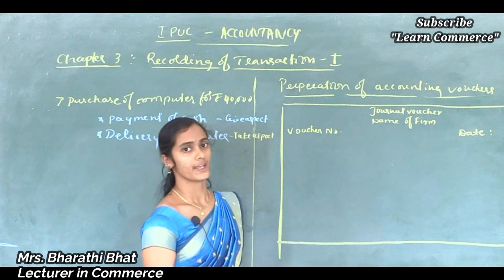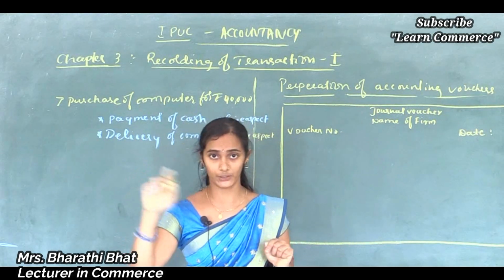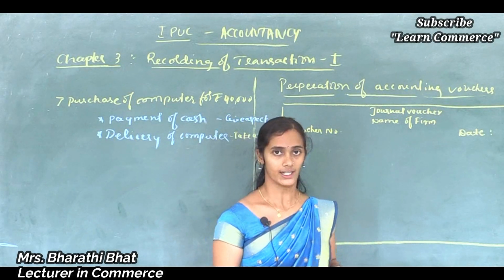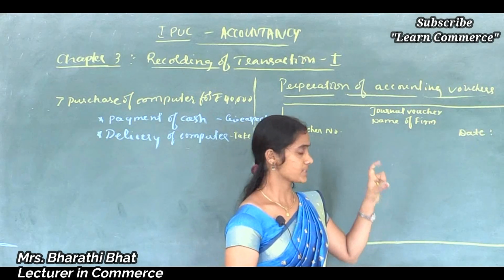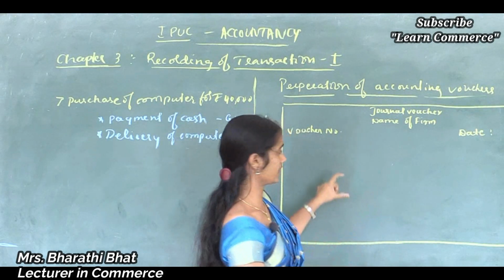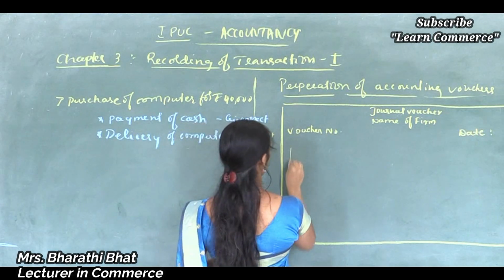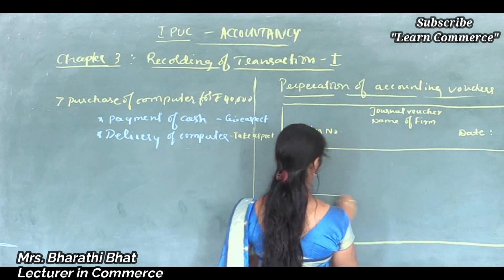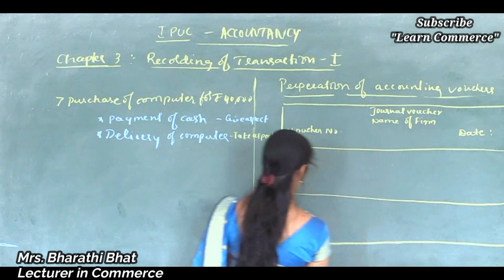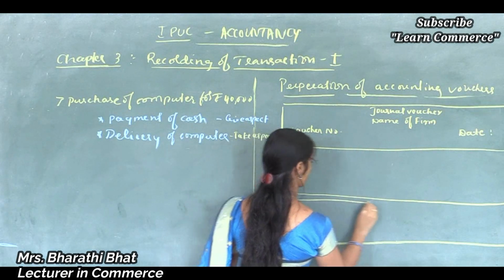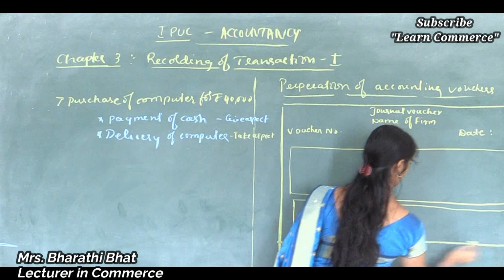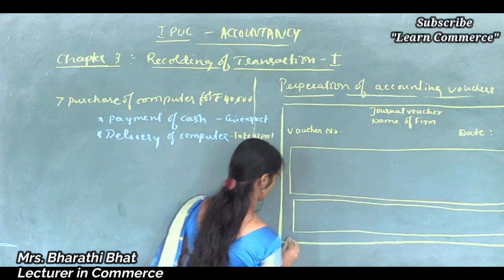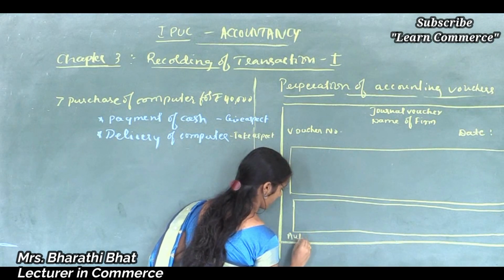Next it is subdivided into debit voucher and credit voucher. What was the format we followed in the debit voucher and credit voucher? Already we saw the specimen of debit voucher and credit voucher. Here again we should write the same format. It is a debit voucher and it is a credit voucher. We should leave some space to write the authorized by and prepared by.